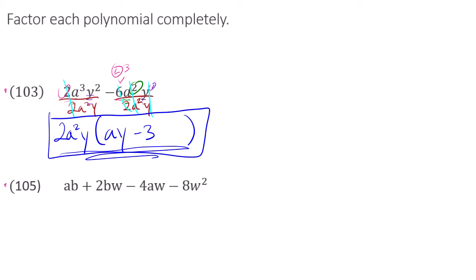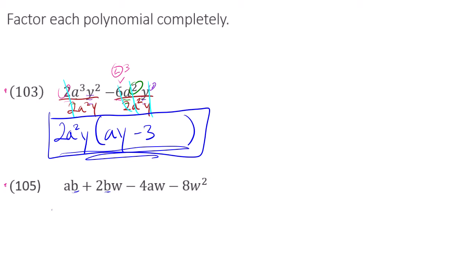All right, number 105. So here we have 4 terms: 1, 2, 3, 4. So this is maybe a grouping situation, right? And remember that sometimes you might have to rearrange things to get them to match up, right? Like here they're arranged okay because I can factor out a b. Let's see if that'll work.